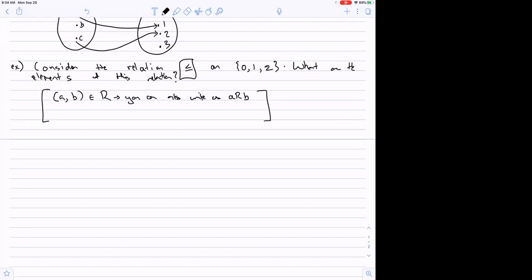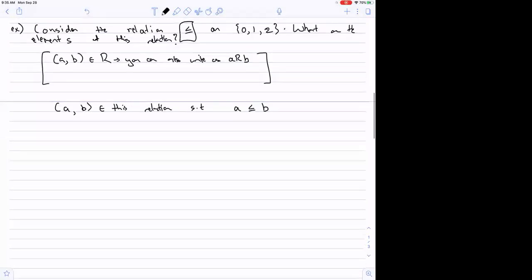What I mean is that I want to know which elements are in this relation, basically which A comma B are in this relation so that A is less than or equal to B. They have to satisfy this condition of A being less than or equal to B, and that would mean that they're in the relation. That's what I mean by consider the relation less than or equal to on 0, 1, 2.